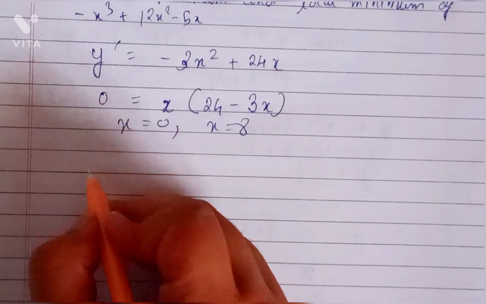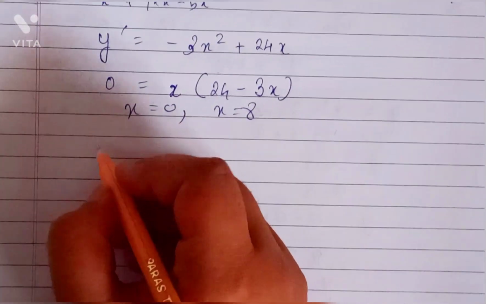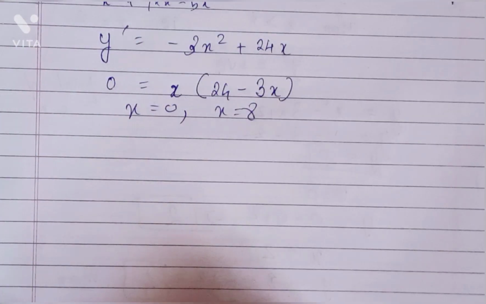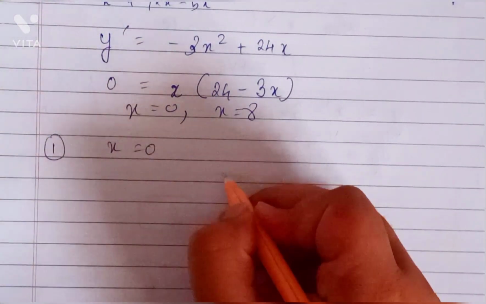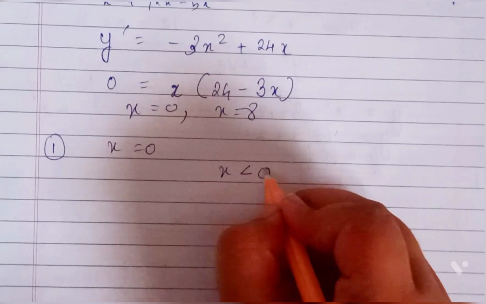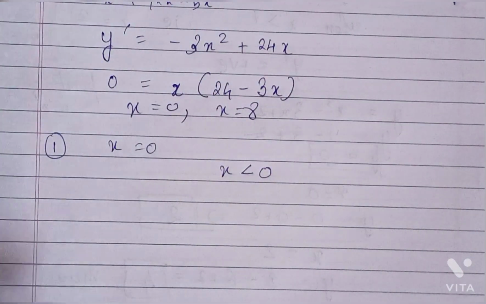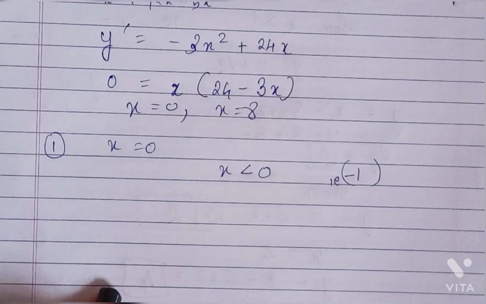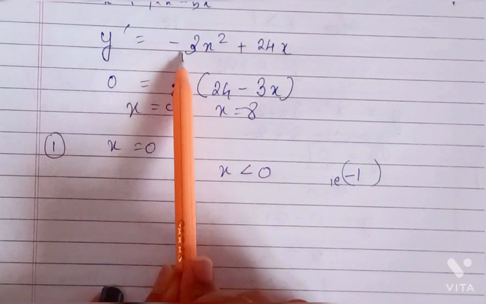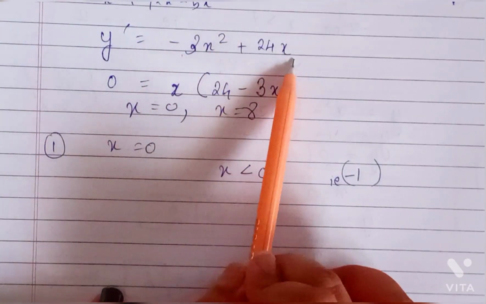Now, next turning points. We have found the turning points for the first case, when x equals 0 and x is less than 0. Supposed to be minus 1. I have taken minus 1. So put it in y dash. This will be positive and this will be negative.